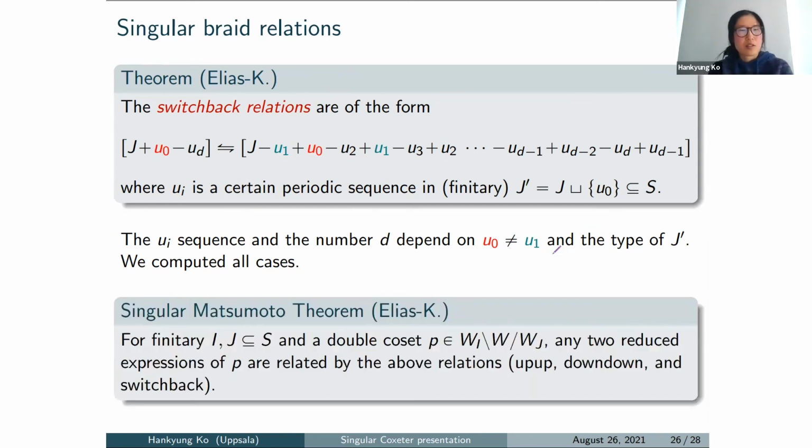And the theorem, analogous to Matsumoto's, by Ben Elias and myself, is that they identify all reduced expressions. This switchback together with the up and down, we call together the singular braid relation.